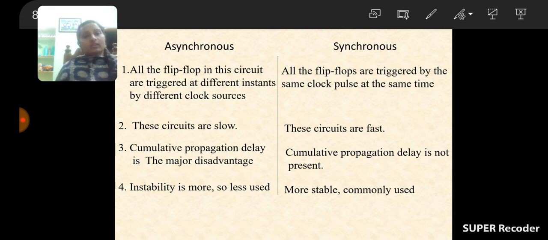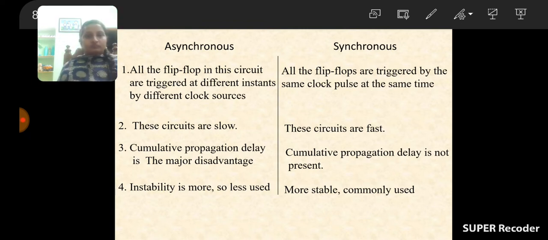Because the clock pulse must be provided from the output of the previous stage to the next stage, so the delays will be introduced. In synchronous, no delay. Whether the first stage output is coming or not, the second stage will be activated. Instability is more.